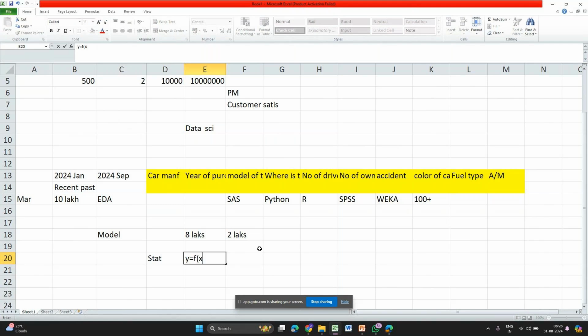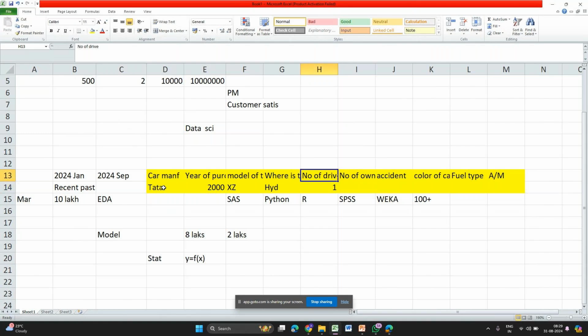So when I give information like the manufacturer is Tata, and the year is 2000, the model of the car is the XZ variant, and the registration happened in Hyderabad. The number of owners is only one.